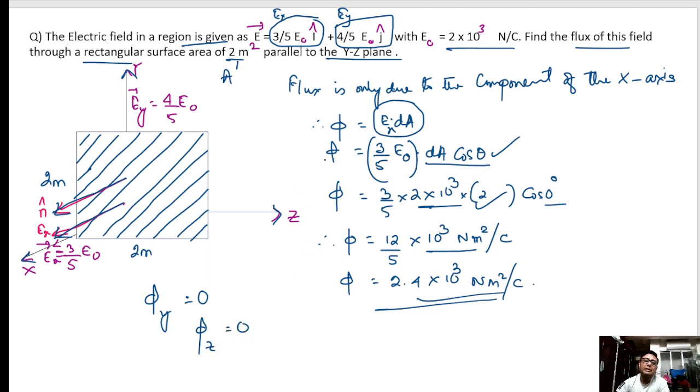So total flux will only be along the X axis, because along the X axis the normal is making 0 degree, along the Y axis the normal is making 90 degree. So we cannot have any flux along the Y axis, and along the Z axis the electric field does not exist at all.